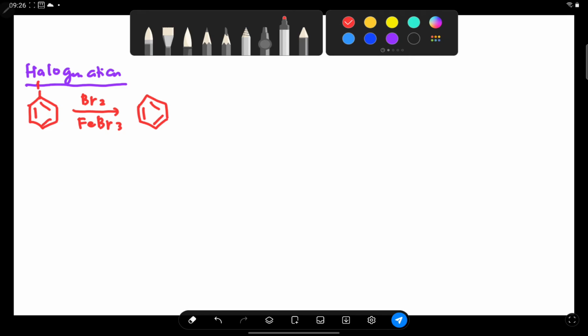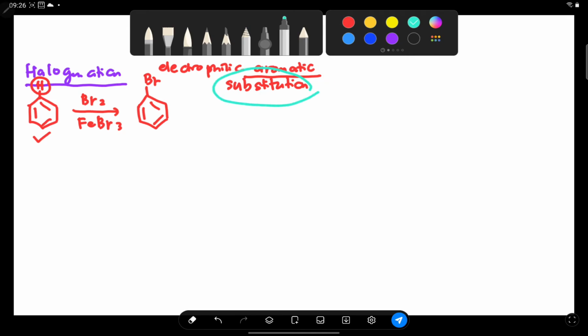Basically, we have here one hydrogen. What happened here? The hydrogen is substituted with Br. So that's why we call it electrophilic aromatic substitution. Why do we call it aromatic? Because it involves a benzene ring. Why do we call it a substitution?